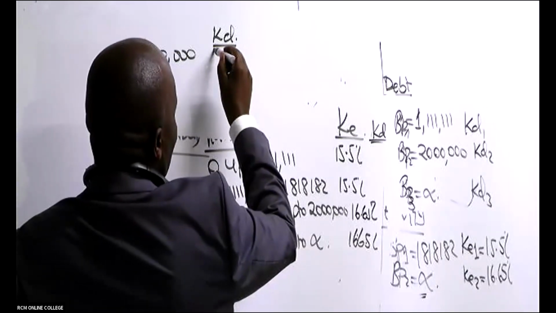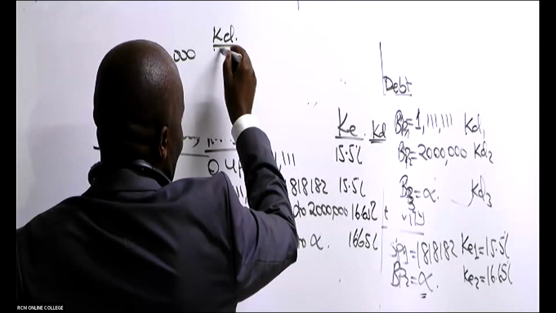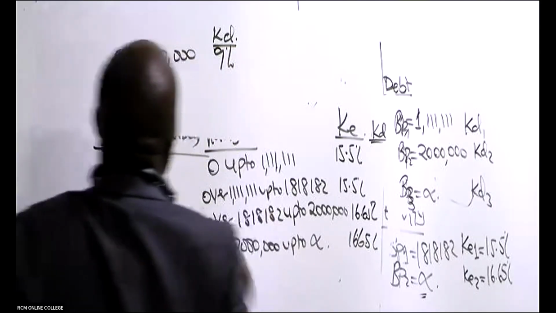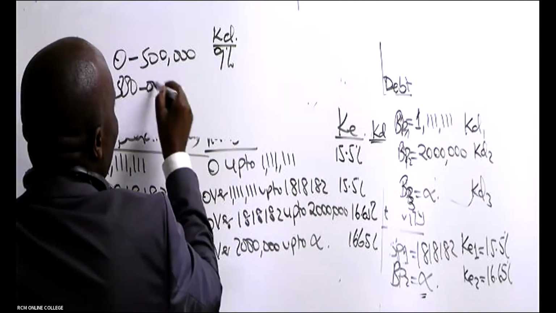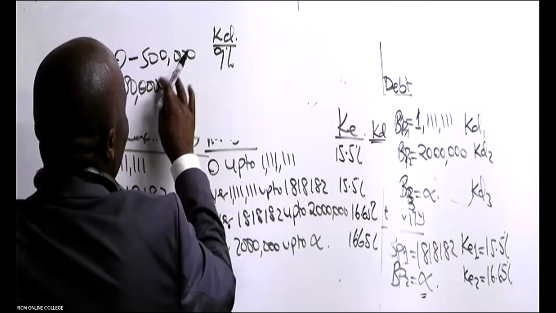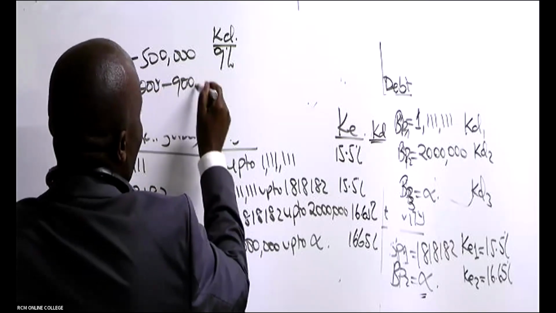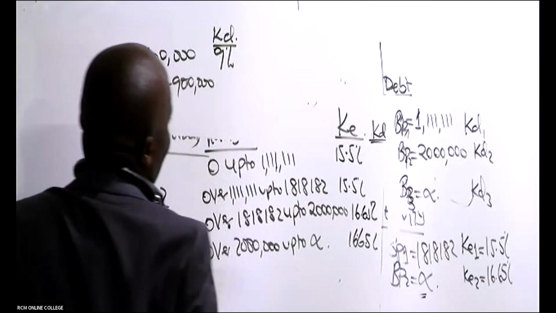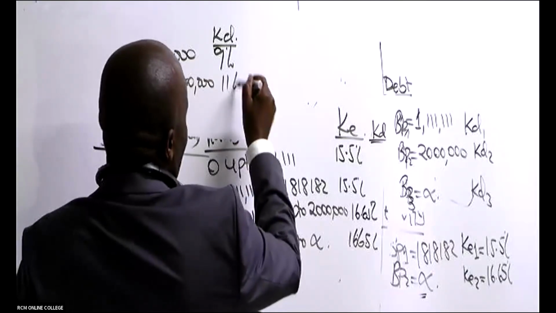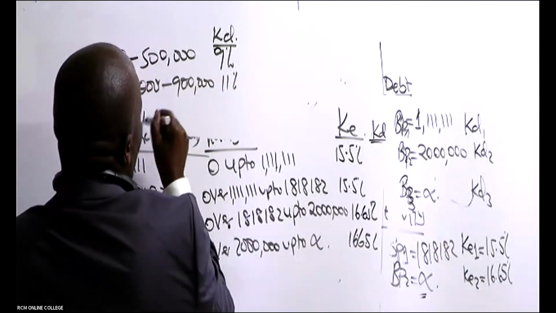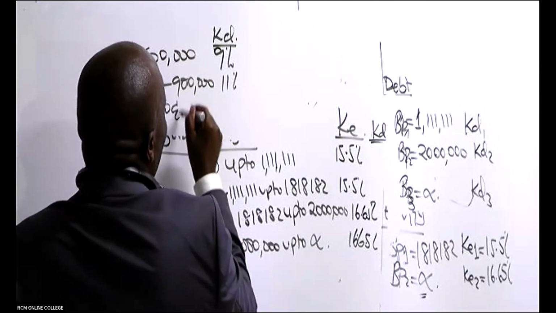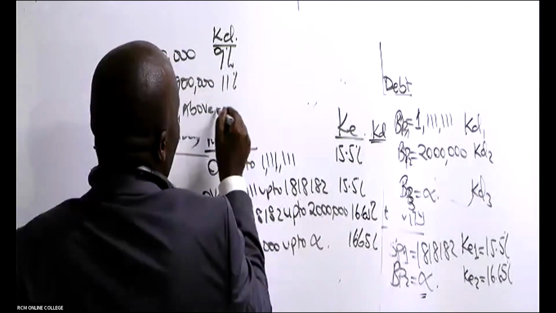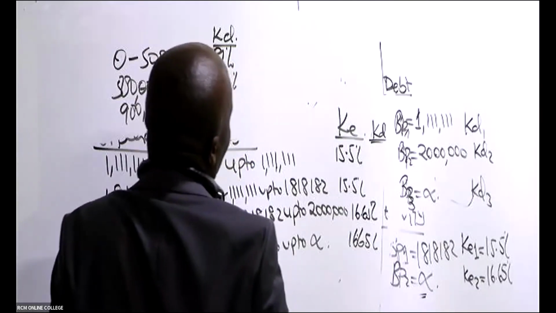The first one is 9%. And then we had 500,000 to 900,000. So this one gave us what percentage? 11%. And then we had 900,000 and above, which gave us 13%.